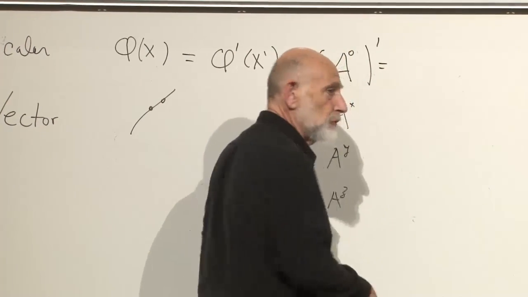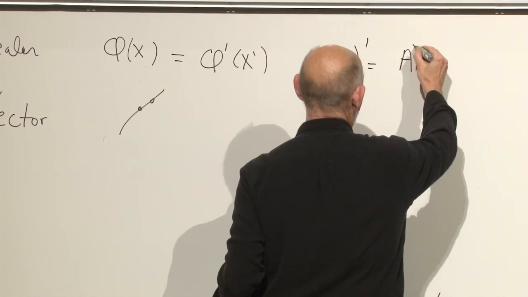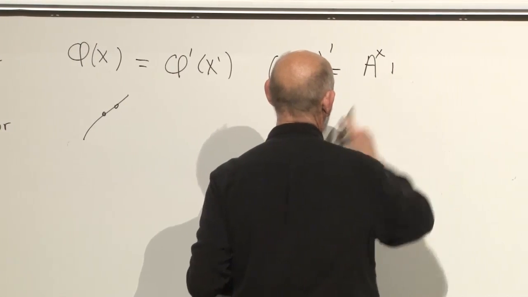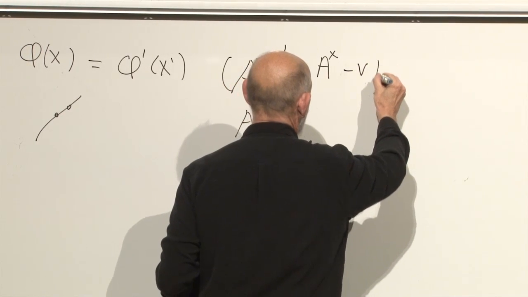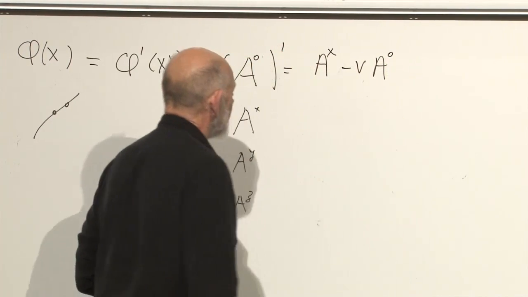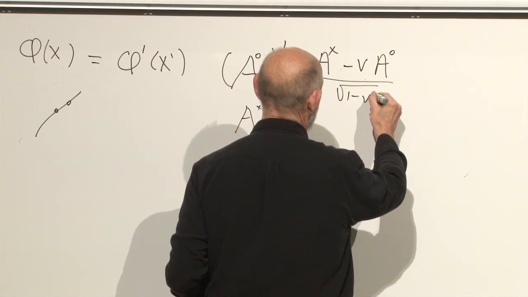They're equal to the values in your coordinate system, a x minus v a naught divided by square root of 1 minus v squared.